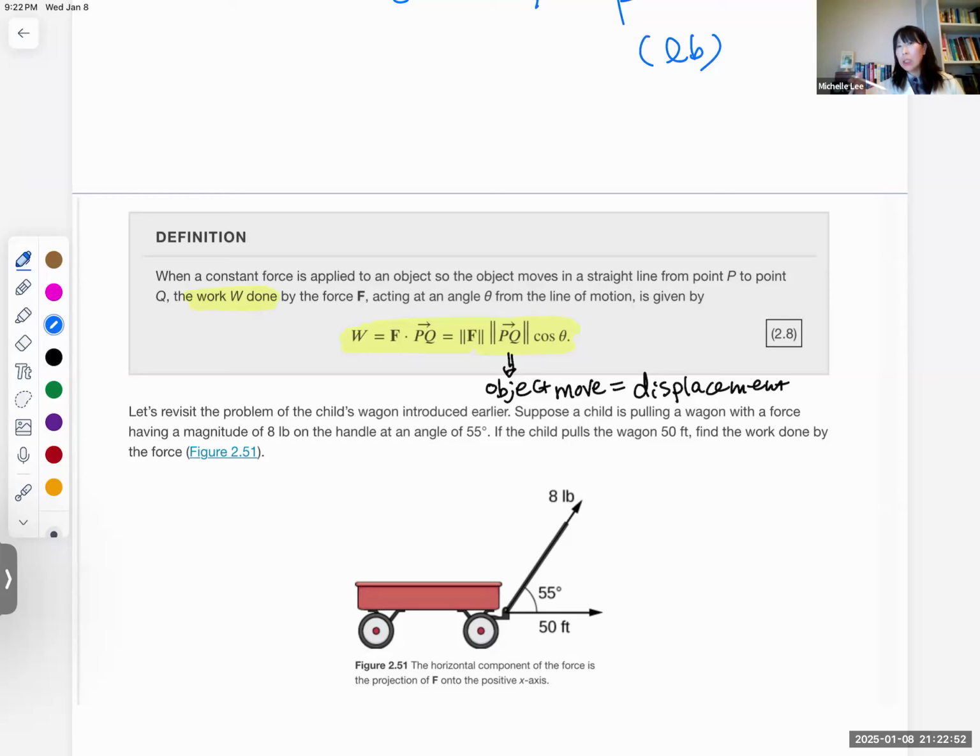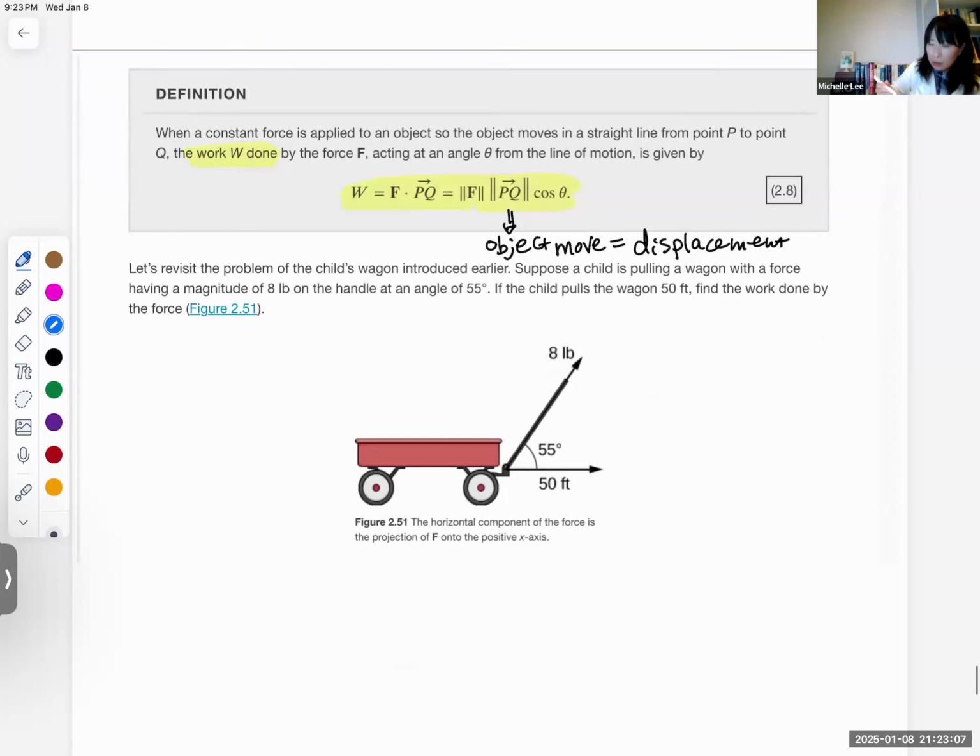So we have the angle related. We are using the magnitude of F, the magnitude of the displacement, and then cosine theta, right? Okay, let's do it. Work done equals magnitude of F, magnitude of PQ, cosine theta.